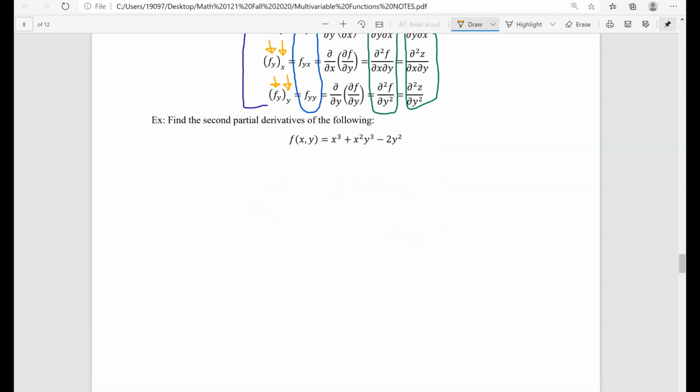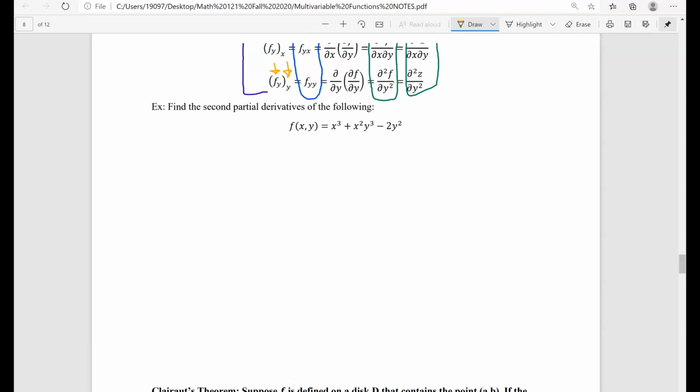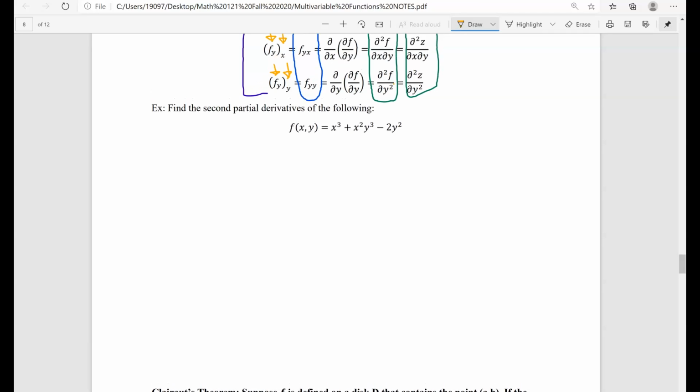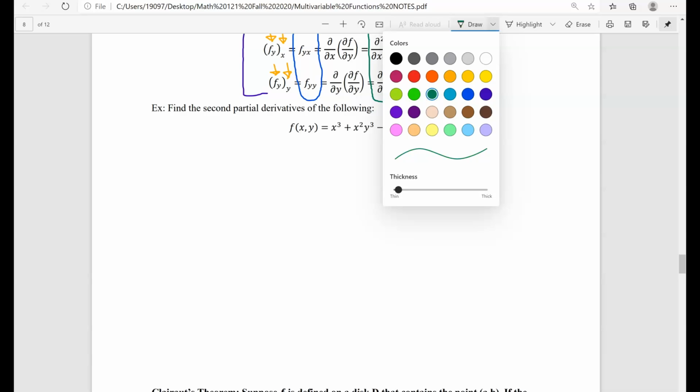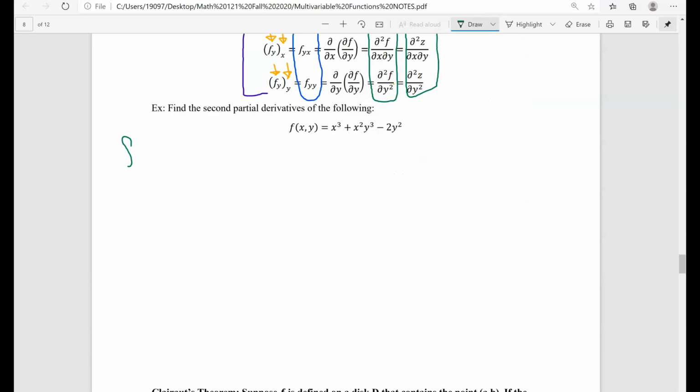So let's do this example. Find the second partial derivatives of the following function. Let's first start off with the first partial derivative with respect to x. With respect to x, we're only looking at the x values and holding everything else constant.